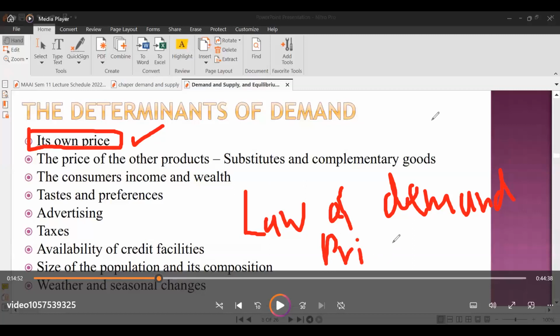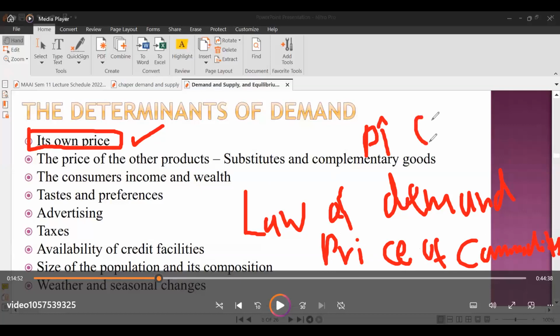If there is any change in the price of the commodity, if the price increases, what will happen to demand? If the price decreases, what will happen to demand? That is examined by the law of demand.